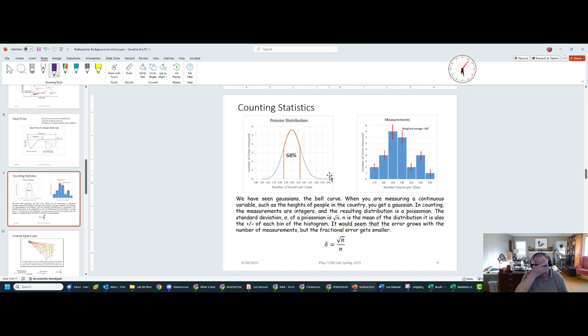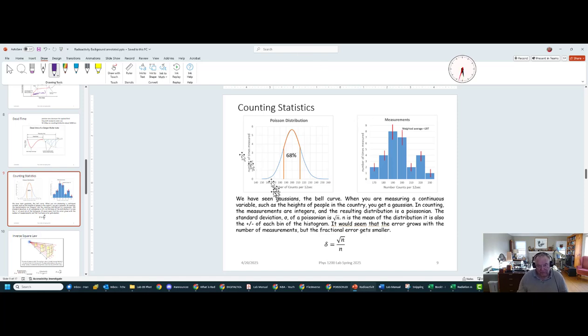and it's one of those things, once again, that we take for granted. We say that the standard deviation is the square root of the average value, square root of n. Now, it turns out with these so-called Poisson distributions, and this looks like a Gaussian, right?